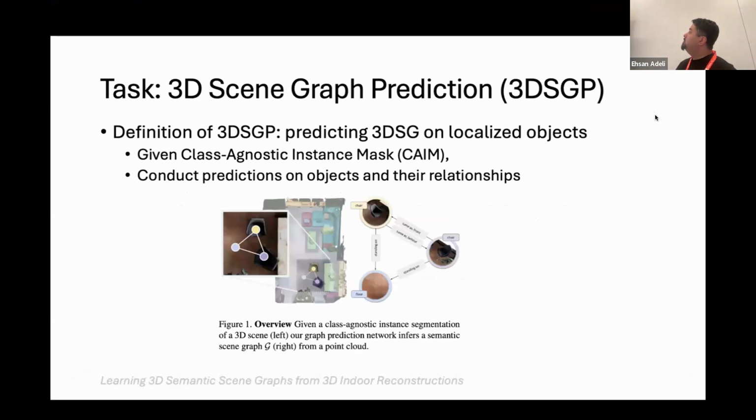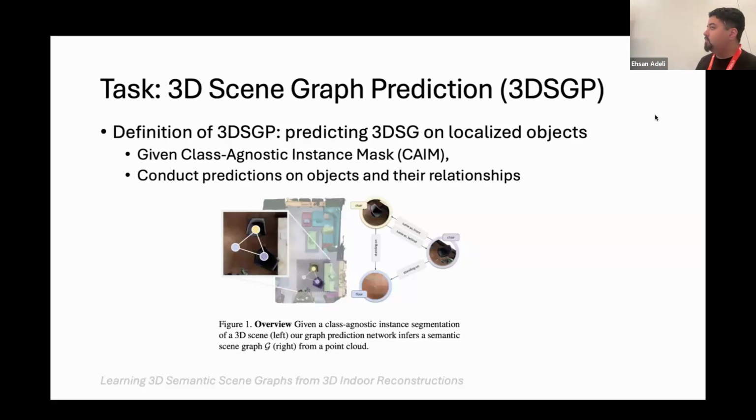The 3D SGP task was initially proposed by the below paper, where the network is trained to predict 3D scene graphs on localized objects. That is, given a class-agnostic instance segmentation of a 3D scene, the graph prediction network would try to infer a semantic scene graph from the point cloud.